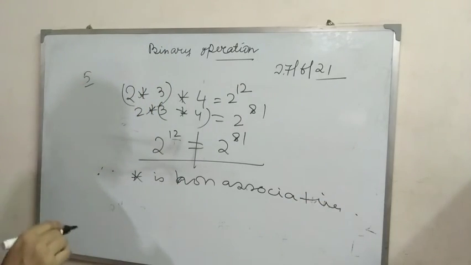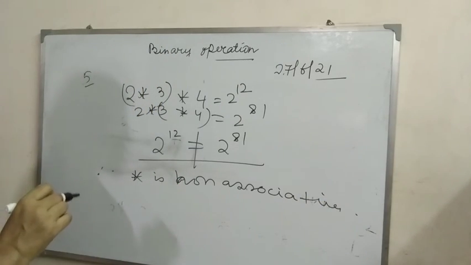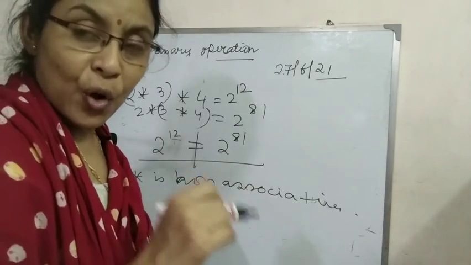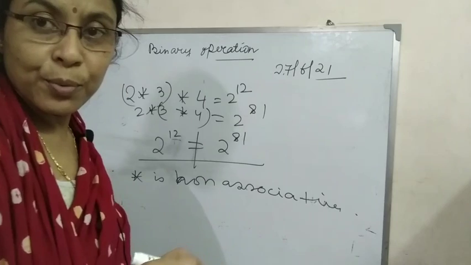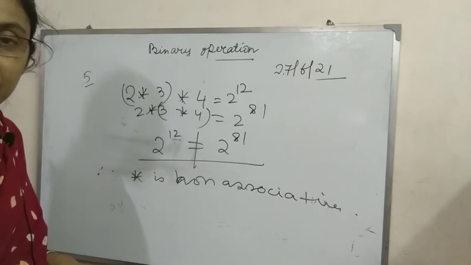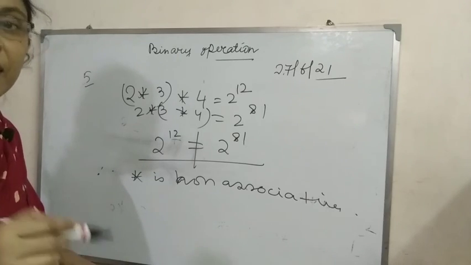So I can tell here the operation is not commutative as well as not associative. I hope you will understand it. I am ending here. Next sum will come in next video.